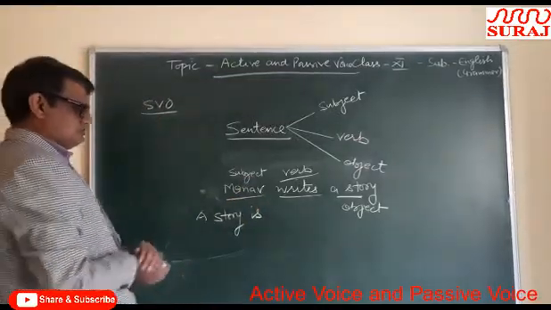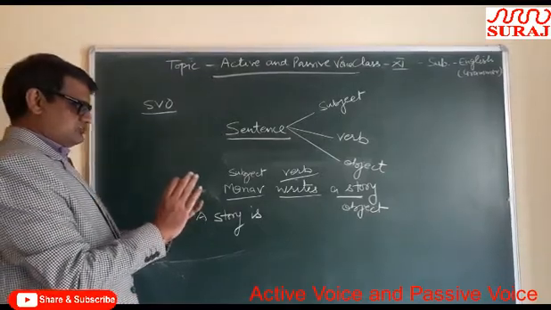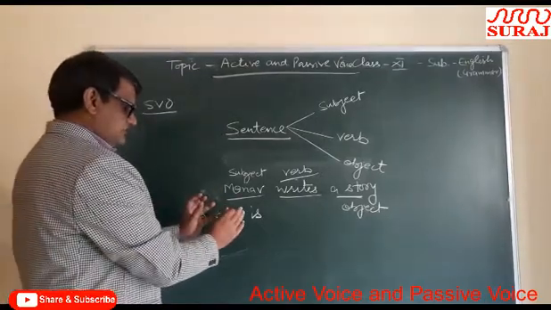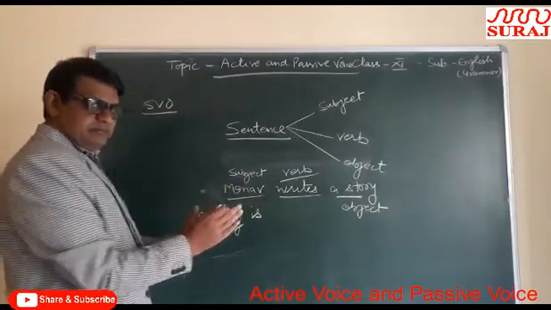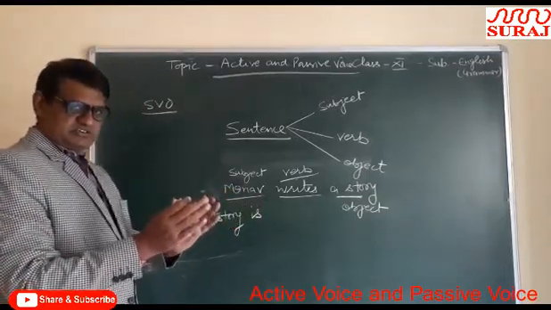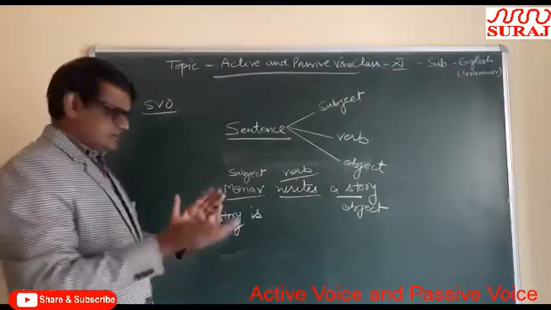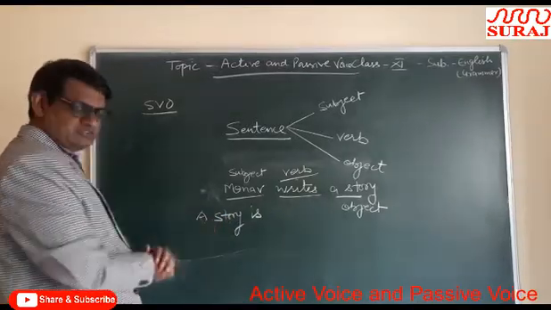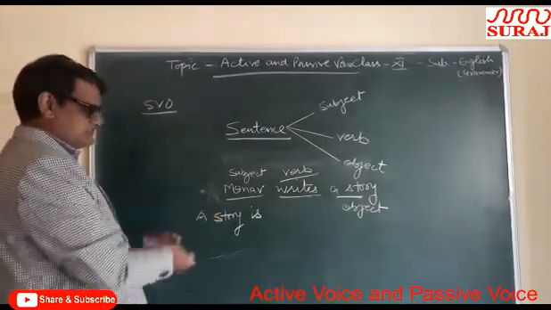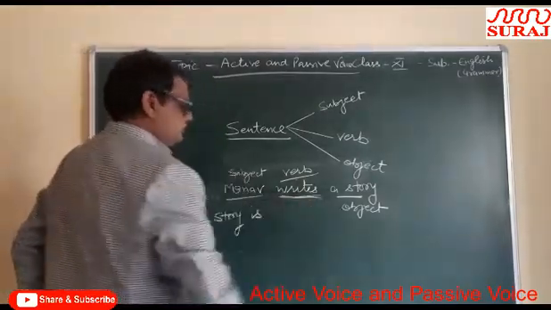While converting a sentence of simple present into passive voice, we use the helping verbs is, am and are. If the subject is singular number, we write is. If the subject is plural number, we use are. Here a story is singular number, that's why we write is. And then use the past participle form of the verb.